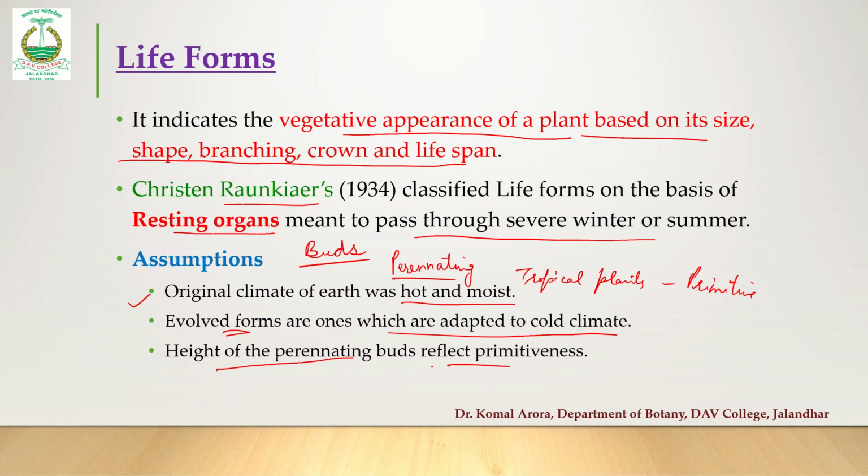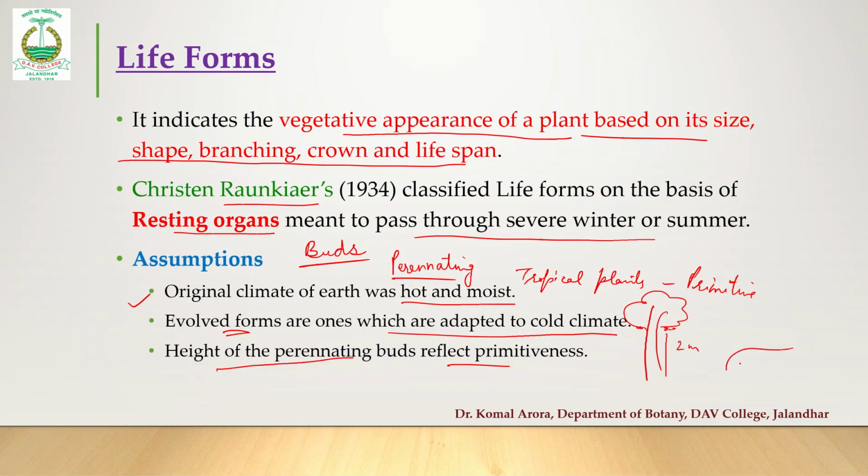Means if the vegetative bud or the perennating bud, resting bud, is at a great height, let's suppose it is at 2 meters from the ground level, then that plant will be primitive as compared to the plant which has the perennating buds just close to the soil surface. Okay, so I hope you can understand. Let's suppose this is a tree. On this the perennating buds are present here, and there is a huge gap of around 2 meters from soil.